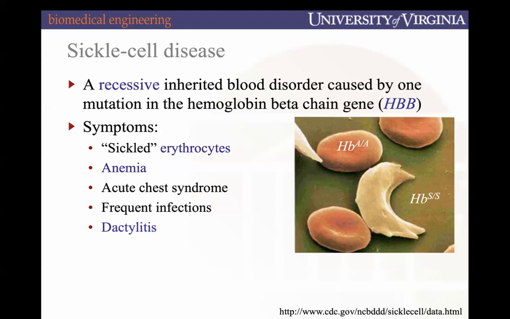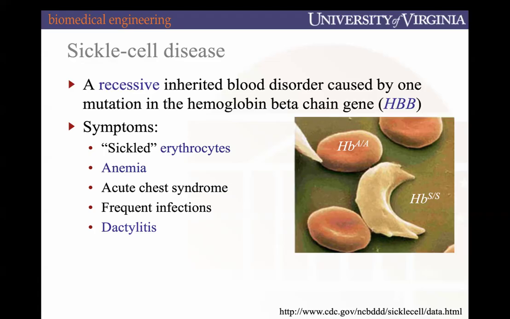Some of the issues that can emerge is that the red blood cells with sickled hemoglobin are not pliable like a normal red blood cell, and they end up stacking on top of each other and can create occlusions within some of these capillaries, these small blood vessels.